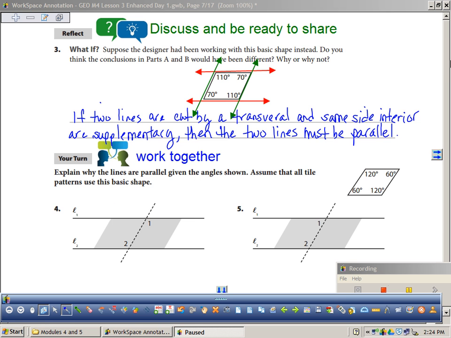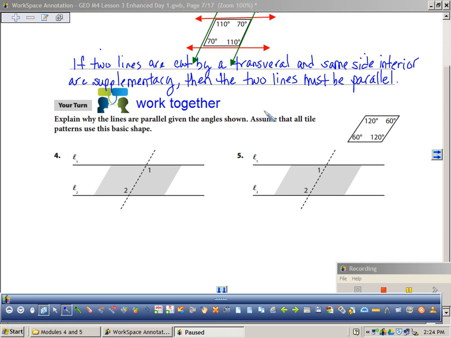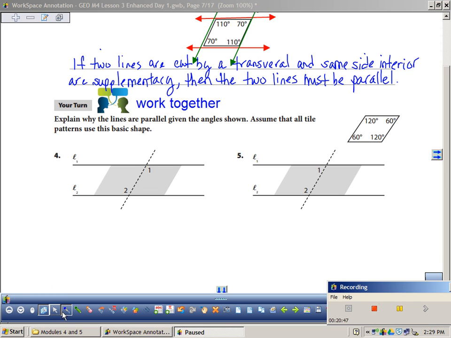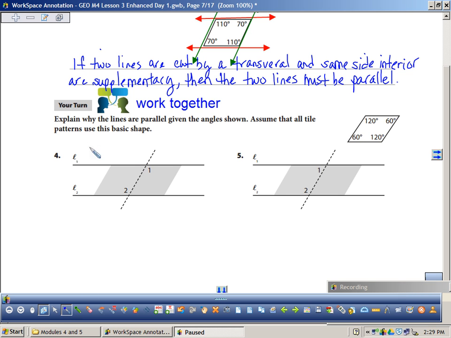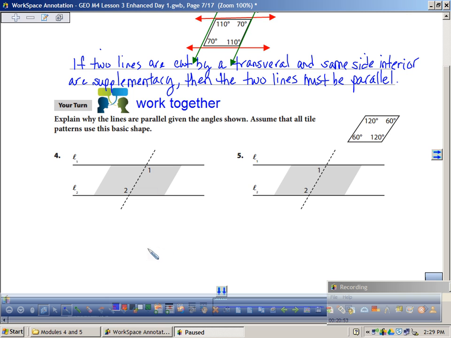Explain why the lines are parallel given the angles shown. Do these with your partner, and be ready to share. We're going to ask Derek, see if they were on task. Derek, explain why number 4 is parallel if it is. What do you think? There's only 2 angles there to talk about, 1 and 2.